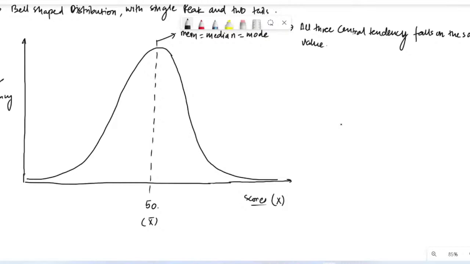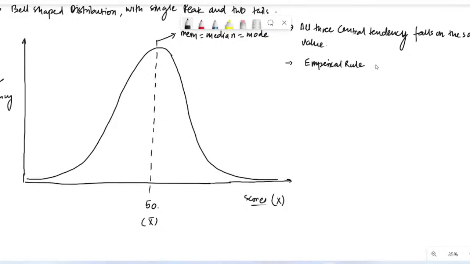If your data is normally distributed, it will also follow certain properties. What are those properties? Let's try to understand them. The rule is called the empirical rule. What does the empirical rule mean? It follows certain specific features.